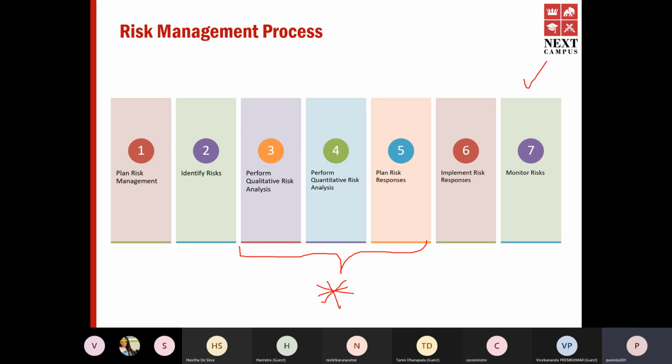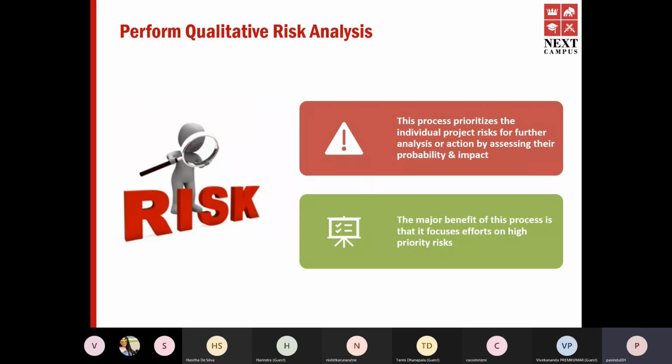As I explained earlier, qualitative risk analysis helps you prioritize your risks based on the probability and the impact. You would not do a stack ranking. You would not do any math. You would not calculate the exposure. It's a qualitative analysis. It's not a scientific method.